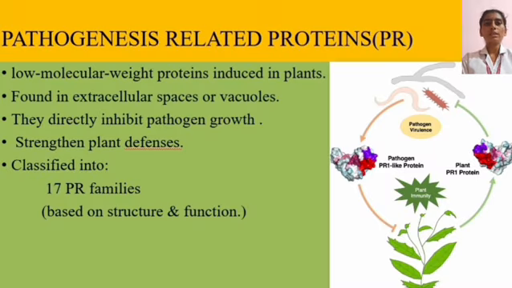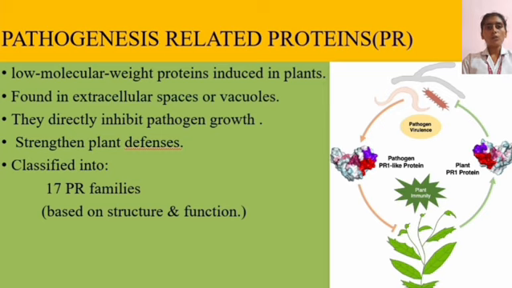Pathogenesis-related proteins, that is PR proteins. When a pathogen attacks, plants do not just sit quietly. They switch on certain special proteins called PR proteins to fight back. They act like the immune soldiers of the plant. They are induced only after infection, injury or any stress. They are usually small, stable proteins that are secreted in the cell wall or extracellular space.